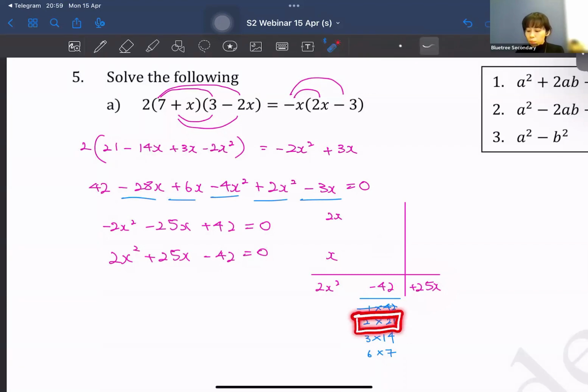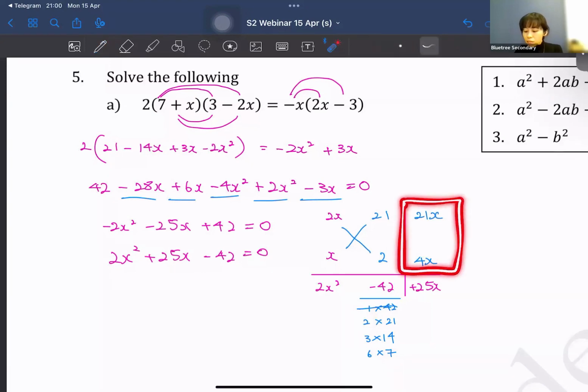Second pair, I have a 2 and 21. So if I were to put 21 here and I were to put a 2 here, it looked like it might work. So let's test it out. 21 here, 2 here. If I were to cross multiply, I'll get 4x and I cross multiply, I get 21x, right? This can give me positive 25x, but take note that there is a sign over here.